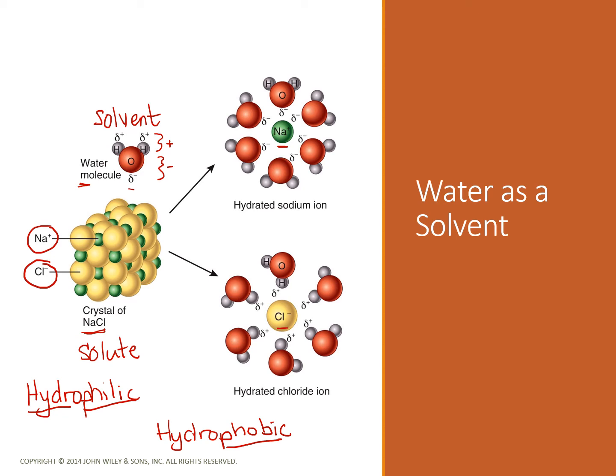So because sodium is positive, it's going to attract that negative end of the oxygen of water, and because chloride is negative, it's going to attract the positive end of the hydrogen part of the water molecules. So they're going to have water molecules surround each ion, essentially is what happens when things dissolve.